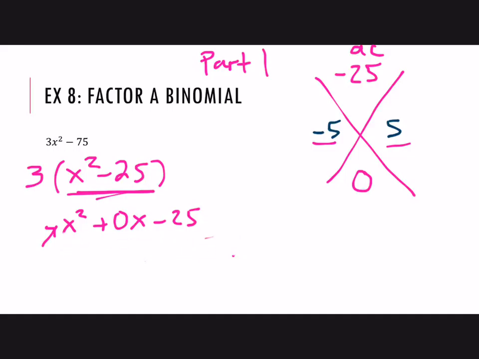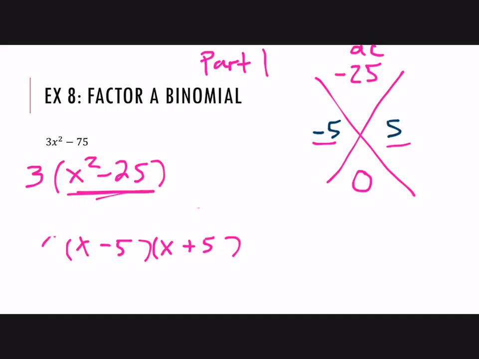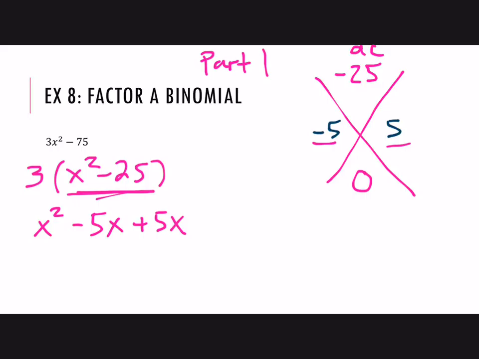Alright, so let's do the long way. I just want to show you and confirm that the shortcut does work. So I'm going to rewrite this. I'm ignoring the 3 for now until the end, but I'll rewrite this as x squared, and then in the middle, instead of 0x, I've got negative 5x plus 5x, and then minus 25.